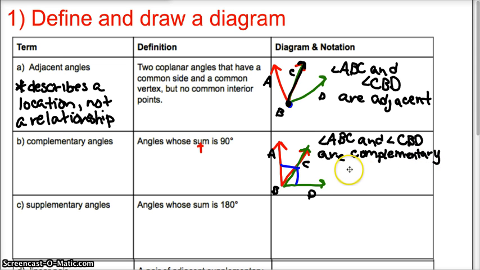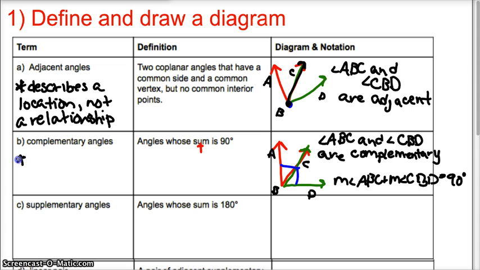When we talk about these angles being complementary, we're talking about the physical angle. So in regards to the measurement, we can say that the measure of angle ABC added to the measure of angle CBD adds up to equal 90 degrees.